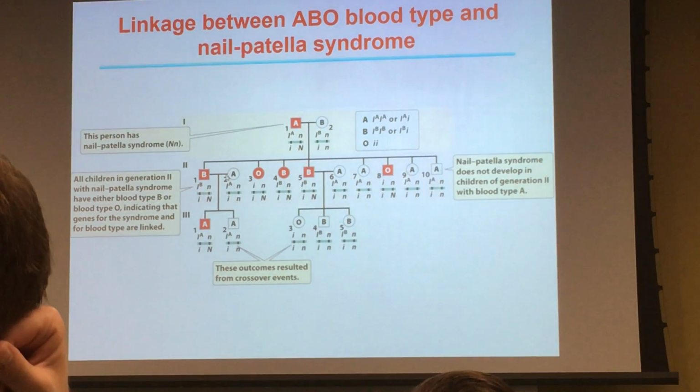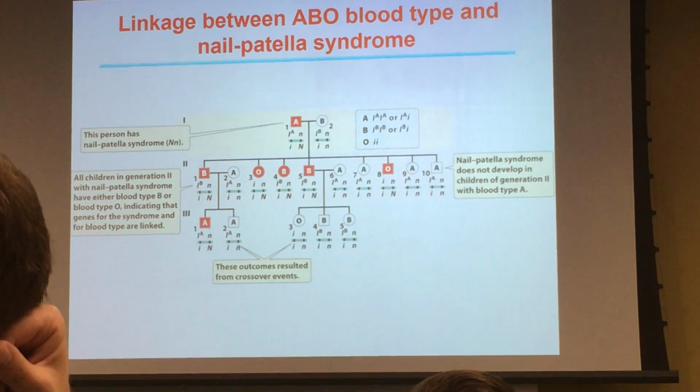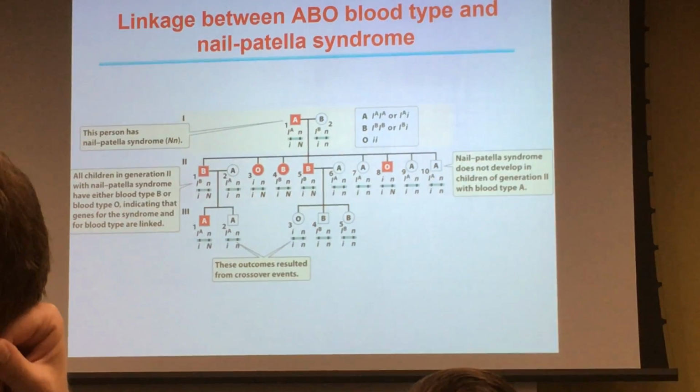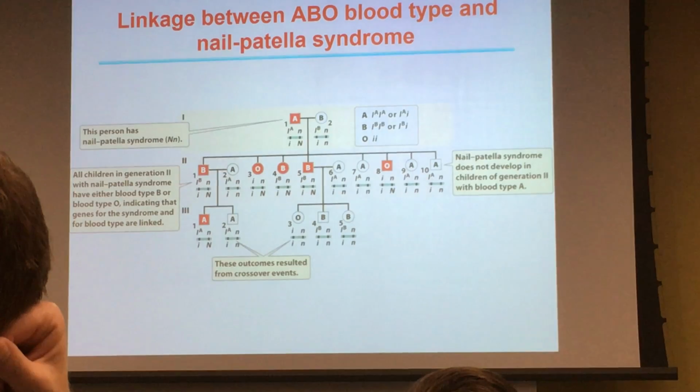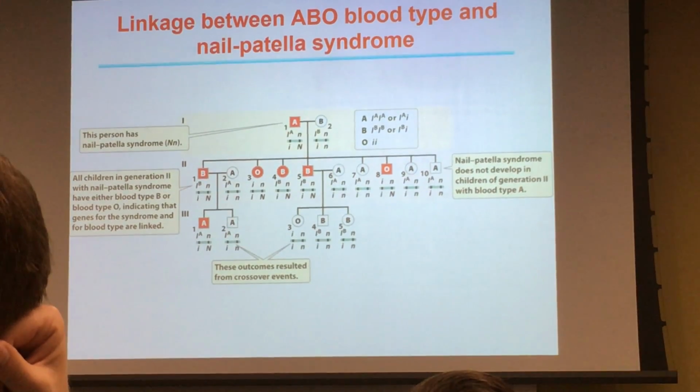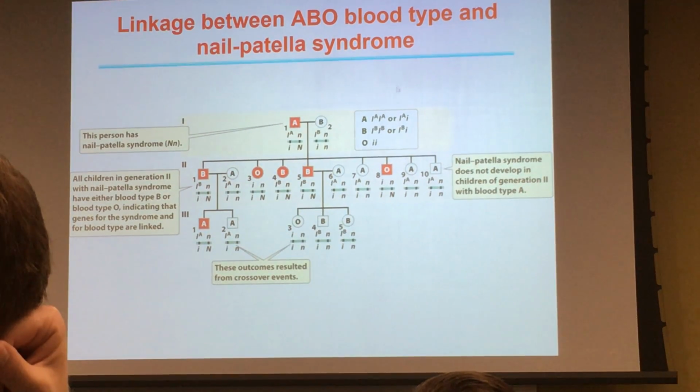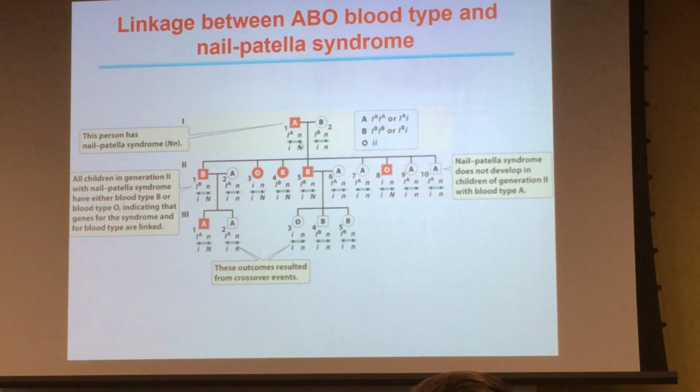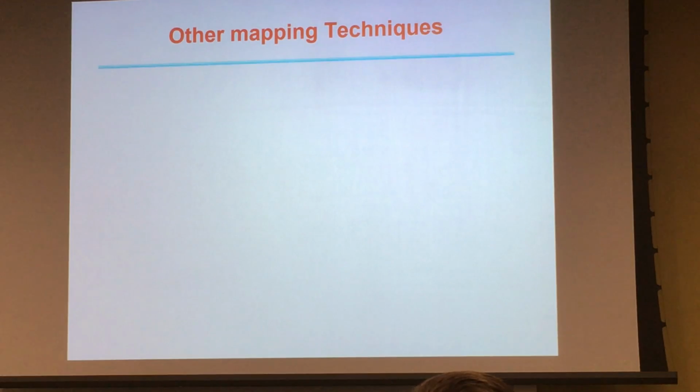So it's the same kind of concept here where we see a correlation between the 2 phenotypes. That correlation is due to those 2 genes being located on the same chromosome. It's actually difficult; you have to have a crossover event to be able to pass the A allele of blood type together with the N allele that causes Nail-Patella syndrome. Okay.